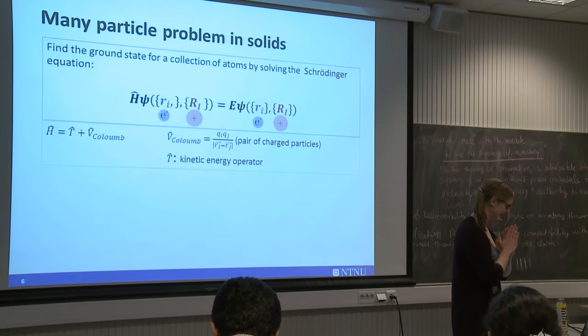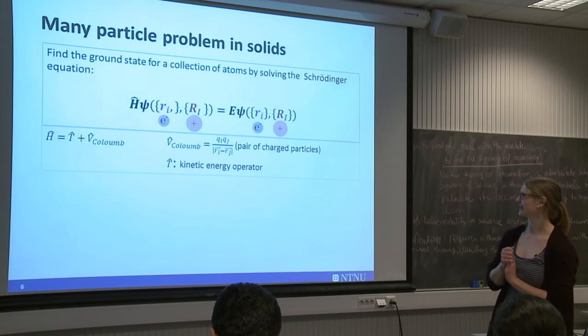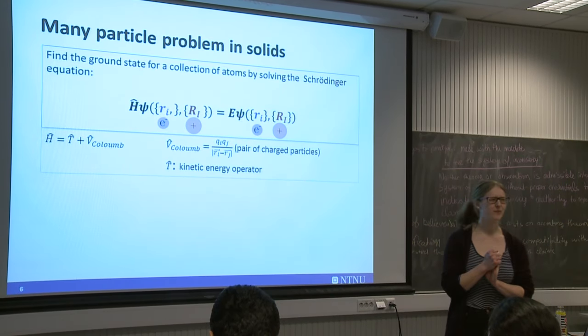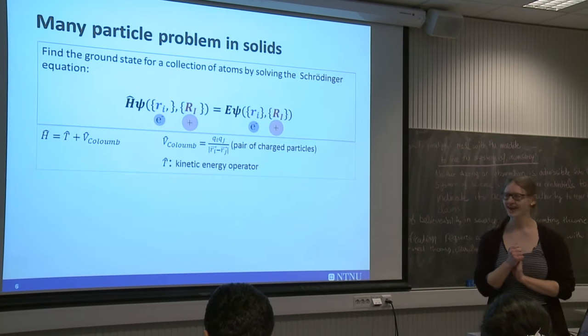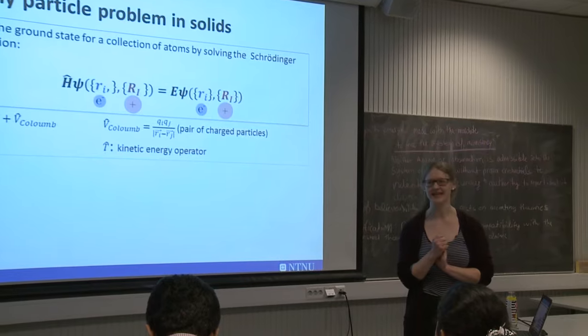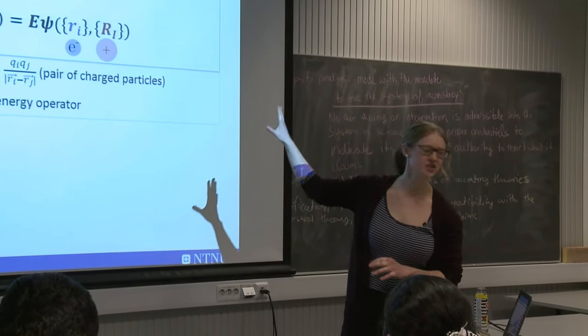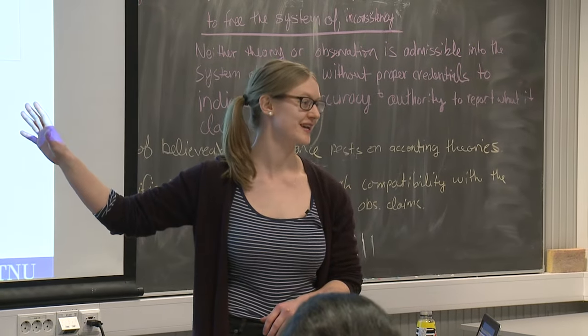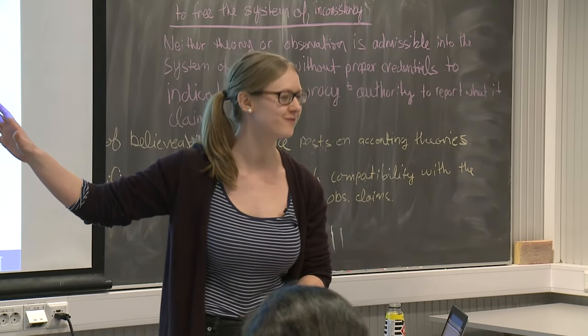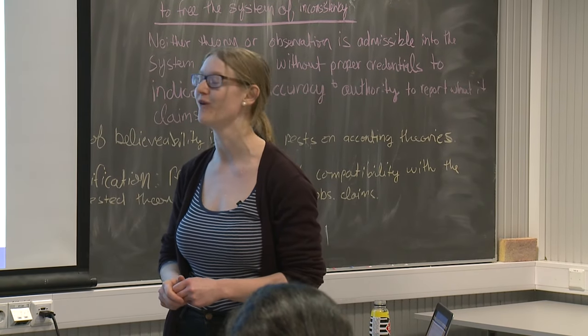But you can see from this equation that in basic quantum mechanics, we only look at the single electron state, because that's the easiest. Here we have a bunch of nuclei and a bunch of electrons, which makes this a very complicated equation to solve.